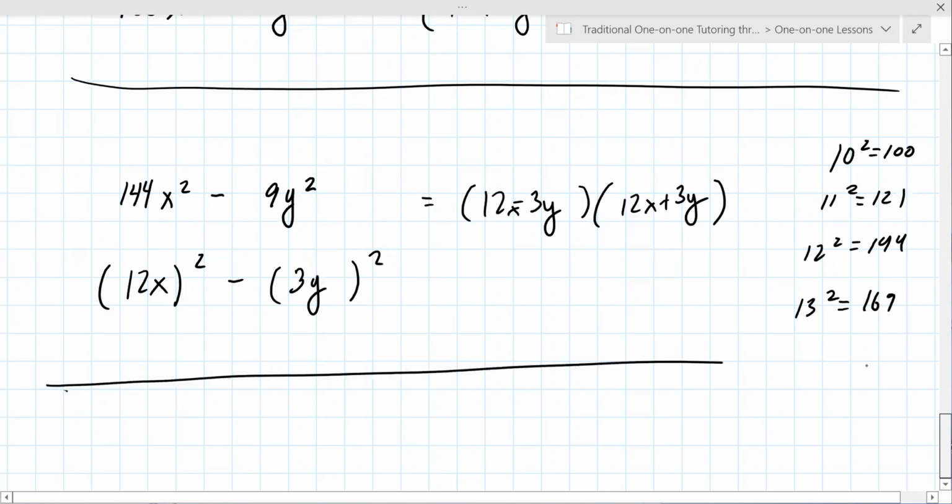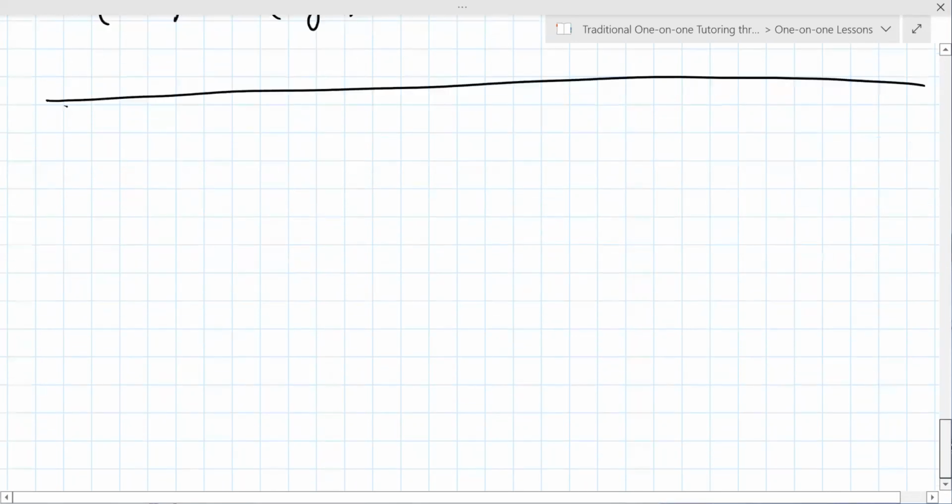Okay, let's have you try another one here. Let's go with 225y squared minus 169x squared.